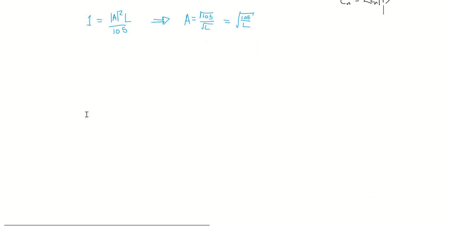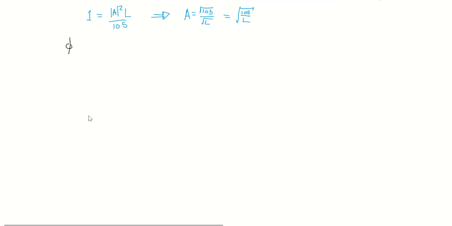Our energy eigenvectors, I should say, if you recall from a few videos ago, were square root of 2 over L sine of n pi over L times x. These were the energy eigenfunctions for our infinite square well, and we're looking to sort out what these coefficients in that linear expansion are. They're going to be equal to the bra En times that wave function.